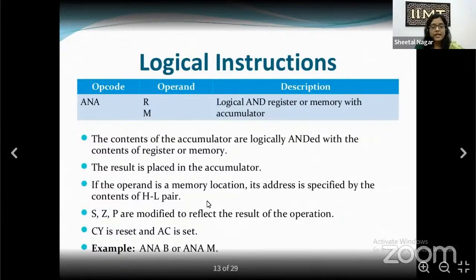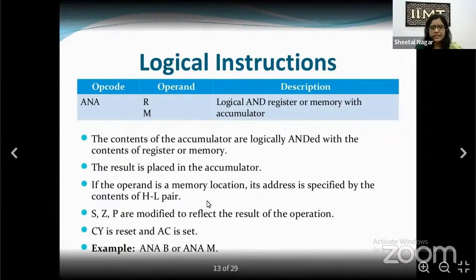Okay. Now, the ANA instruction is used for the logical AND operation. This means if we want to AND the contents of the accumulator with the contents of any general purpose register or memory location, then after the AND operation, the result will be stored in the accumulator.